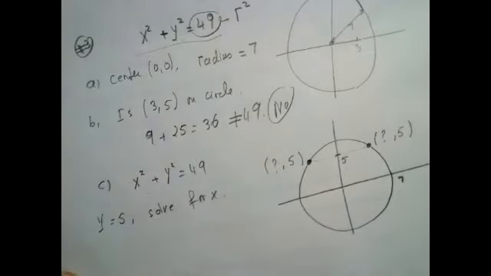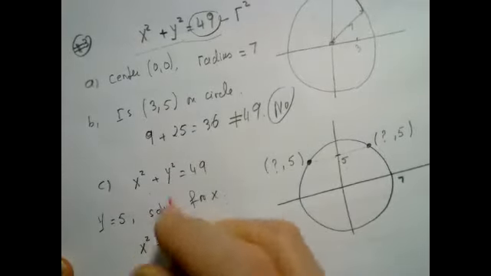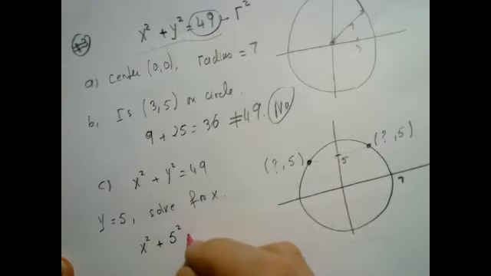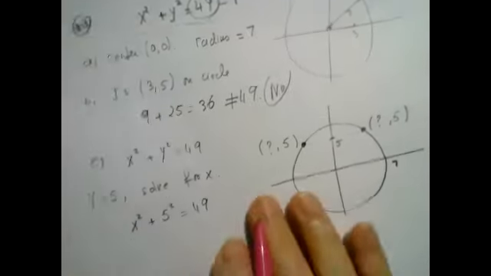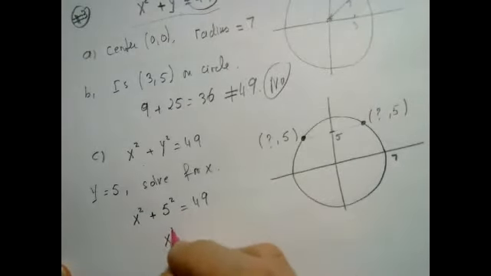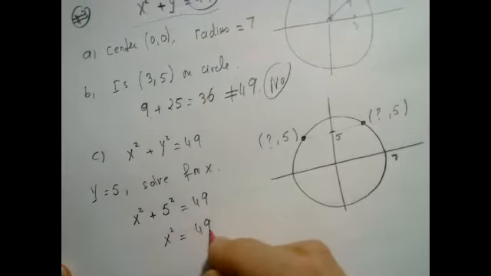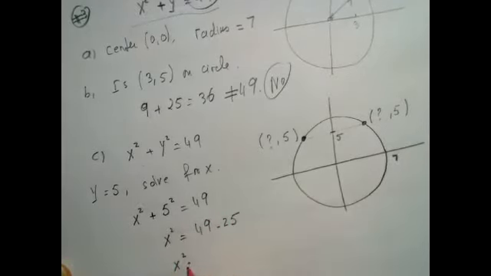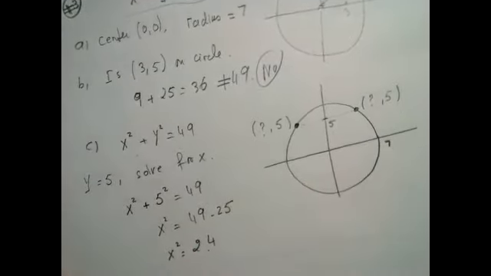That's really how it works. So I have x squared plus 5 squared equals 49. It means x squared is 49 minus 25, which is 24.